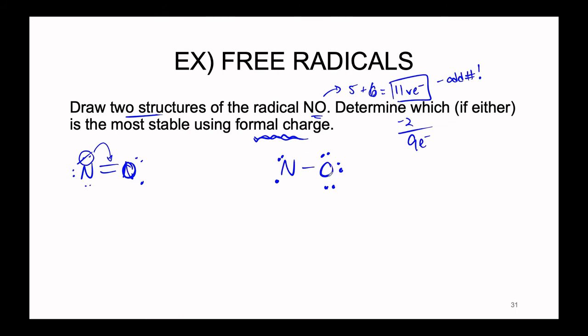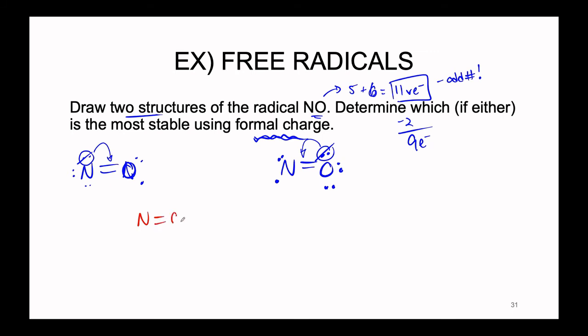Similarly, with the structure on the right, the nitrogen only has 5 electrons around it, so we're going to take a lone pair from the oxygen and move it in towards the center. This means that now we have 2, 4, 6, 8 electrons on the oxygen and 2, 4, 6, 7 electrons on the nitrogen. Currently, we are as close as we can get to satisfying all of the octets, but we have 2 unique structures.